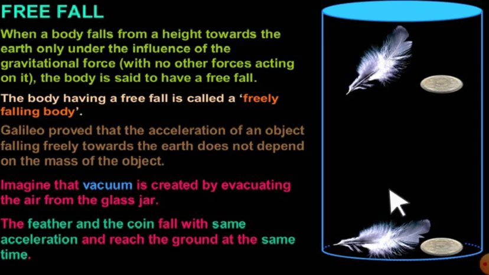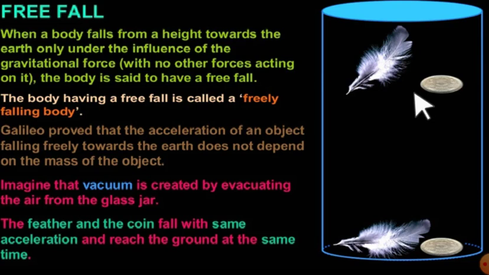That shows the nature, the property of a free falling object. It will have the same acceleration, and this shows that the acceleration of the free falling object doesn't depend upon the mass. If this is a light mass and a heavy mass, and they both reach the same distance at the same time, that means the acceleration of falling of these two objects is independent of the mass. Got it?